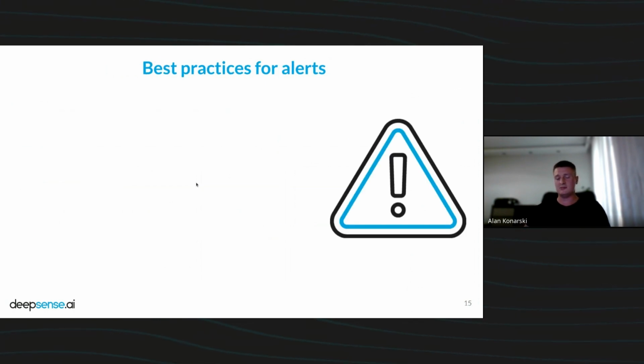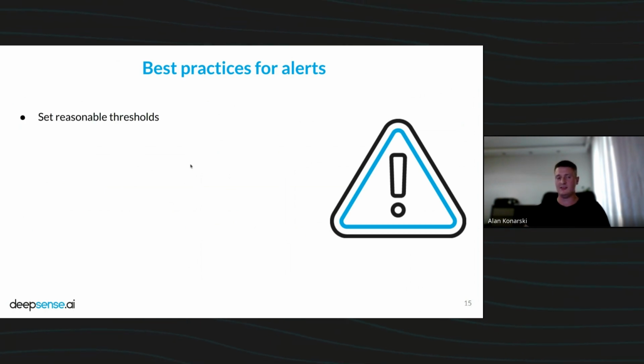So some tips from me regarding alerts. First one is to set reasonable thresholds. For example, we don't want to trigger the alert when a one-time thing happens, like we responded with a wrong response for some random reason, and this only happened once.